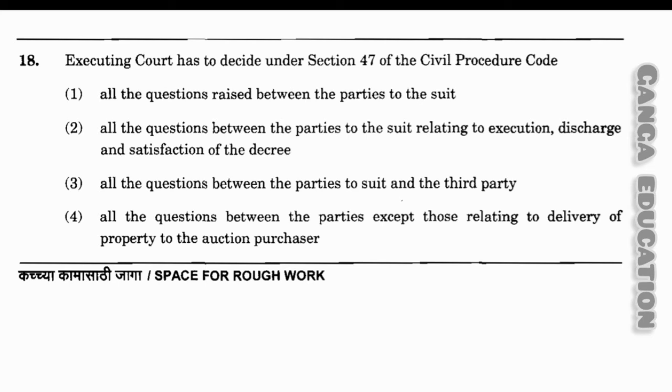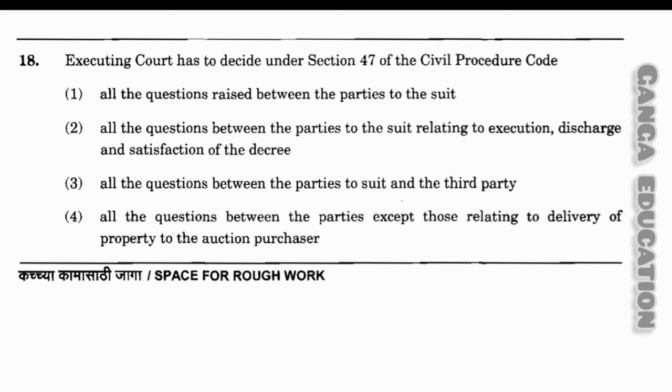Now question number 18. Executing court has to decide under section 47 of the Civil Procedure Code. Option number 1, all the questions raised between the parties to the suit. Option number 2, all the questions between the parties to the suit relating to execution, discharge and satisfaction of the decree.